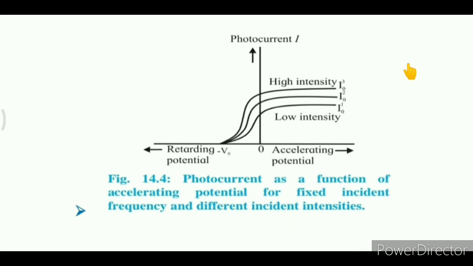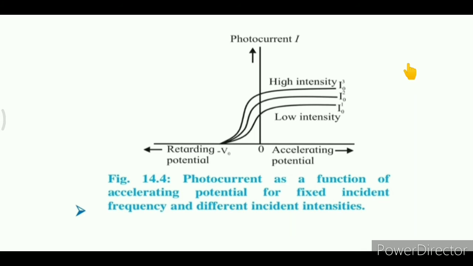Next we saw the variation in the photoelectric current where we change the intensity of incident radiation by keeping the incident frequency constant, and whatever positive potential is given to the collector plate is kept constant.